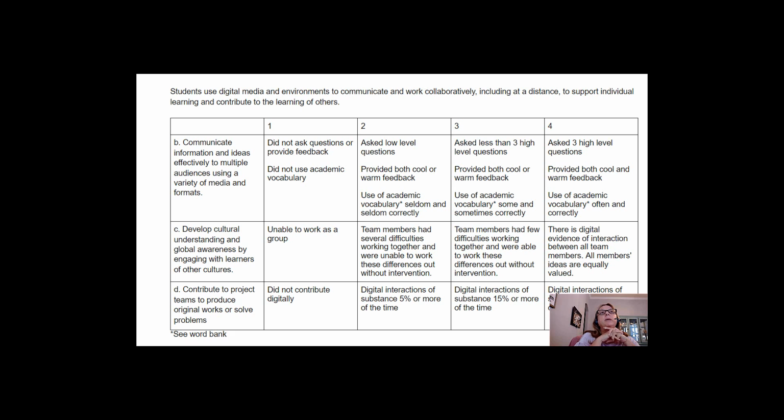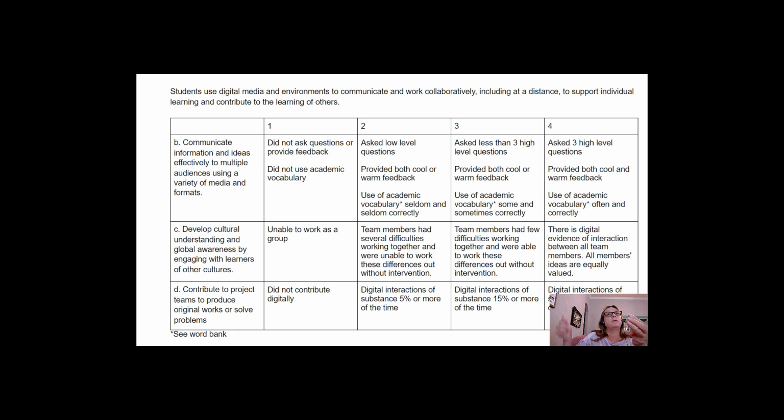B says to communicate information and ideas effectively to multiple audiences using a variety of media and formats. So I kind of narrowed that down on what specifically that might look like in the project I'm giving them. So for me, I was looking for, if you start with the 4 and go backwards, 3 high-level questions.